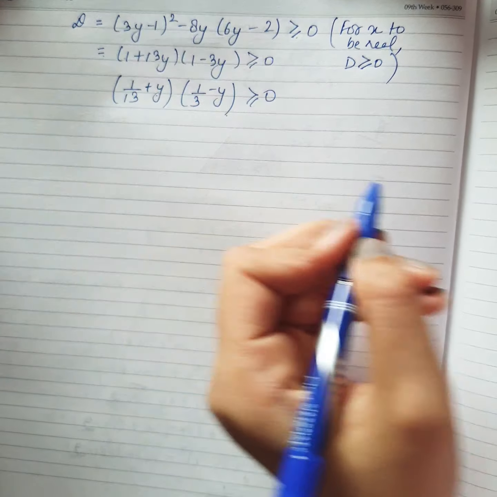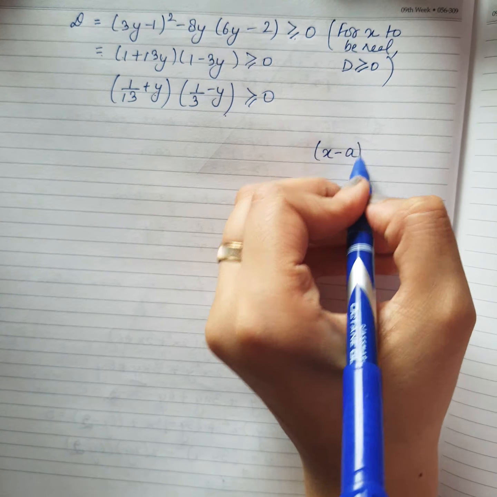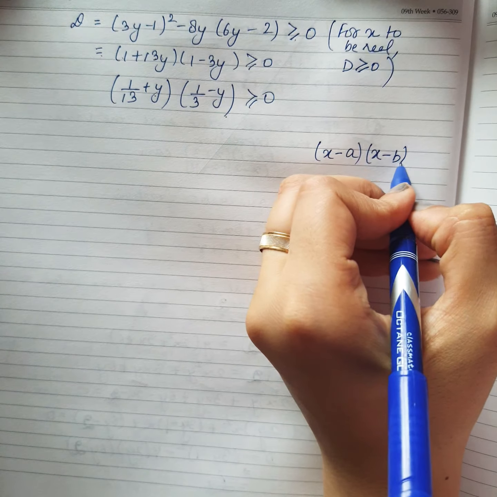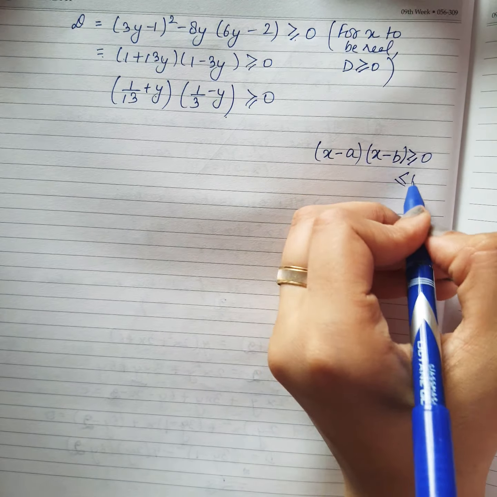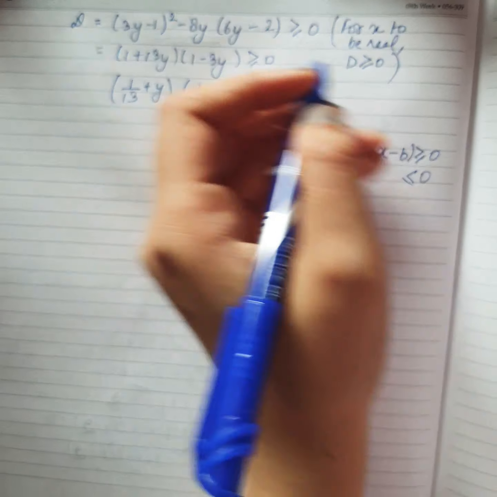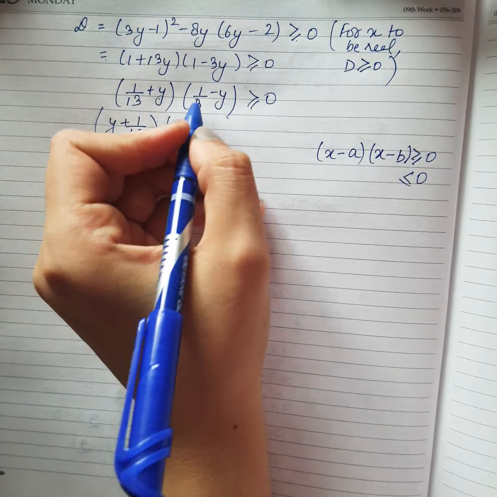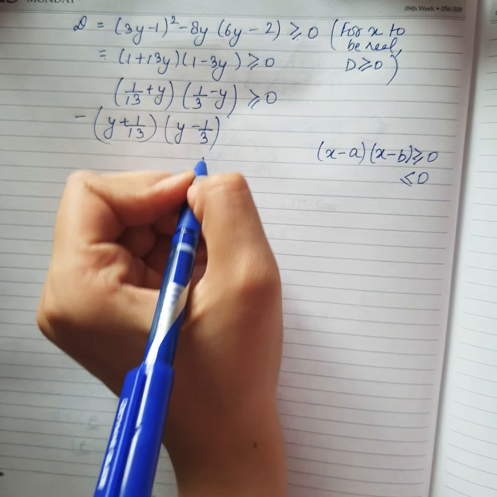Now I want something of this form: variable minus constant, or variable plus constant, greater than or equal to 0 or less than or equal to 0. So here the variable comes afterwards, I will change. In addition there is no problem, but in subtraction, that means I am taking minus common to write this.